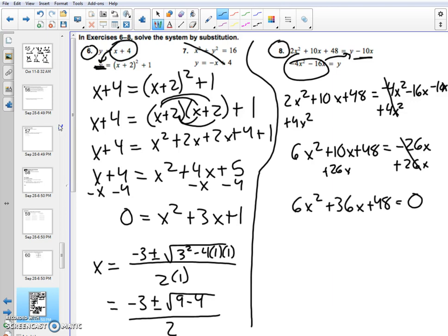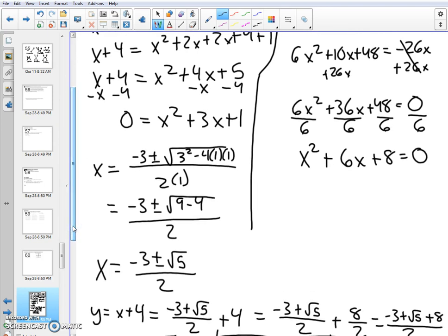So now, I got some pretty big numbers here, but notice that I can get rid of the 6 out in front. These are all things that are divisible by 6. So if I want to get just x squared, if I divide by 6, I would get x squared plus 36 divided by 6 is 6x plus 48 divided by 6 is just 8. It'll just equal 0.